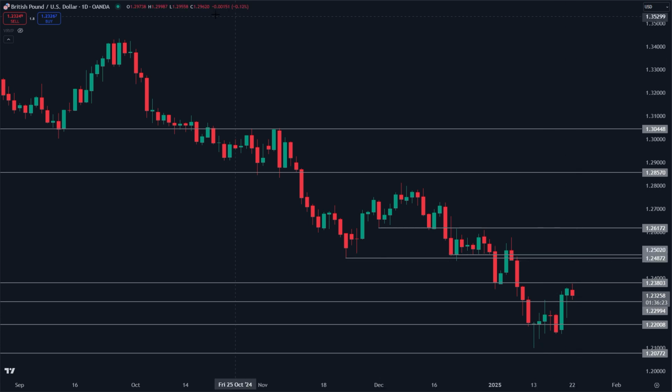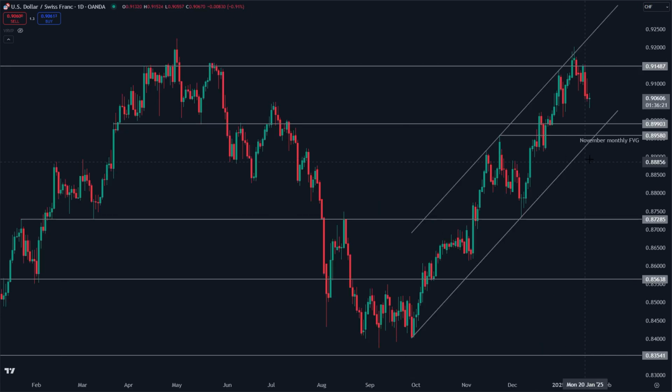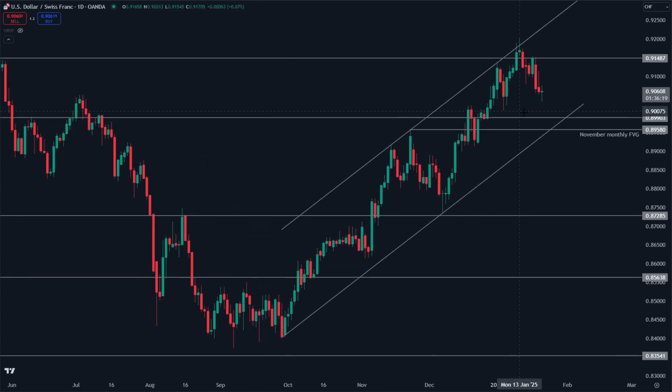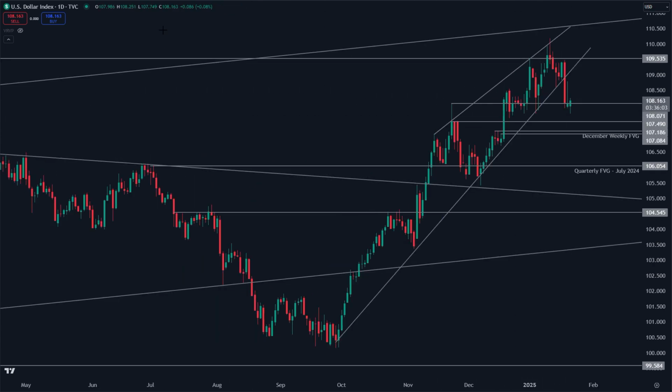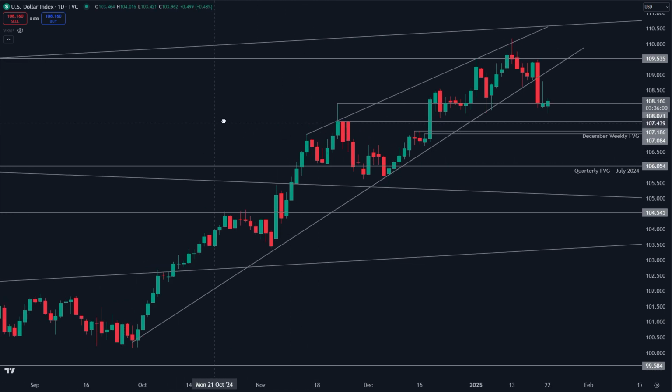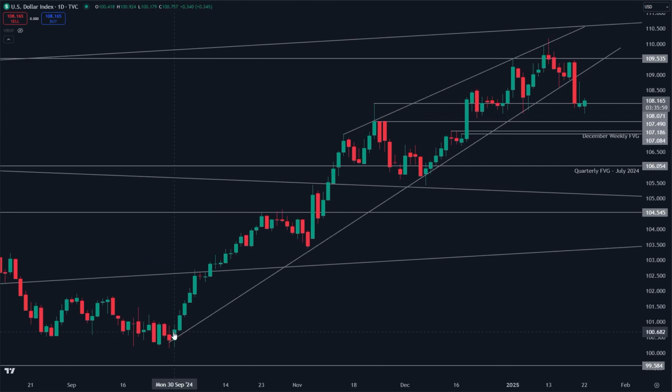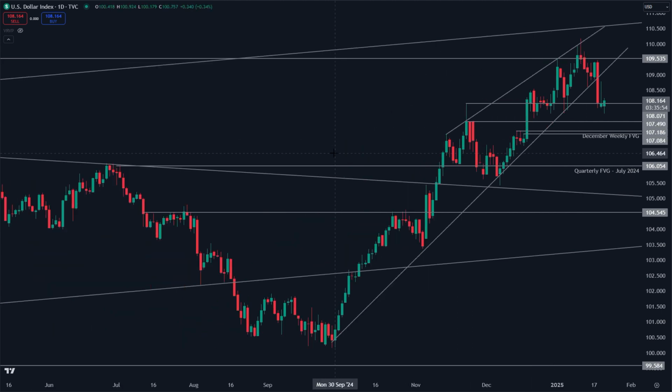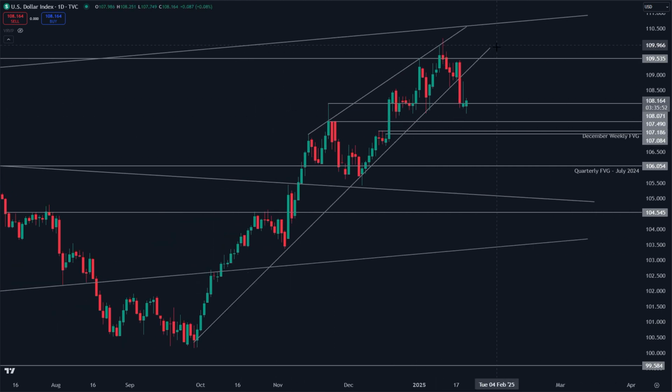For now, though, like I said, when we look at the DXY, we look at the dollar franc, I do think the US dollar could have a bit more to go here in terms of a pullback. But again, I really want to stress the fact that this rally we've seen from the DXY going back to the end of September is very unlikely to top out without some relief rallies along the way.